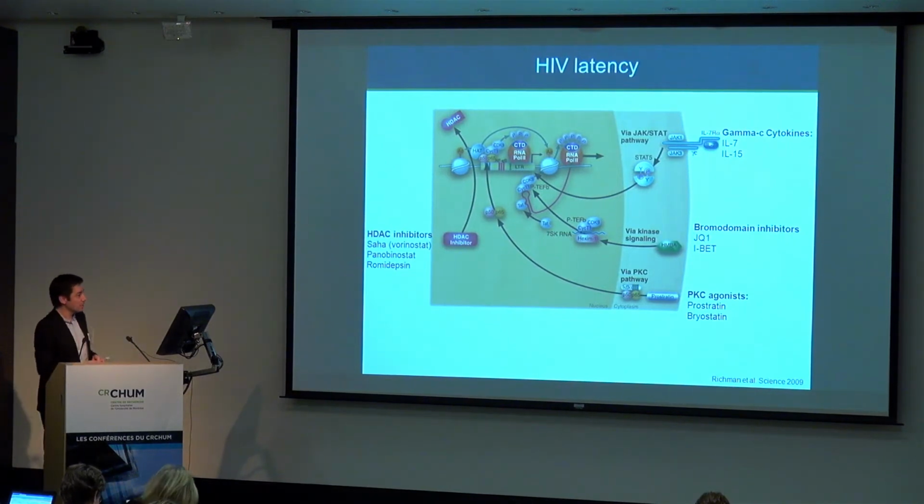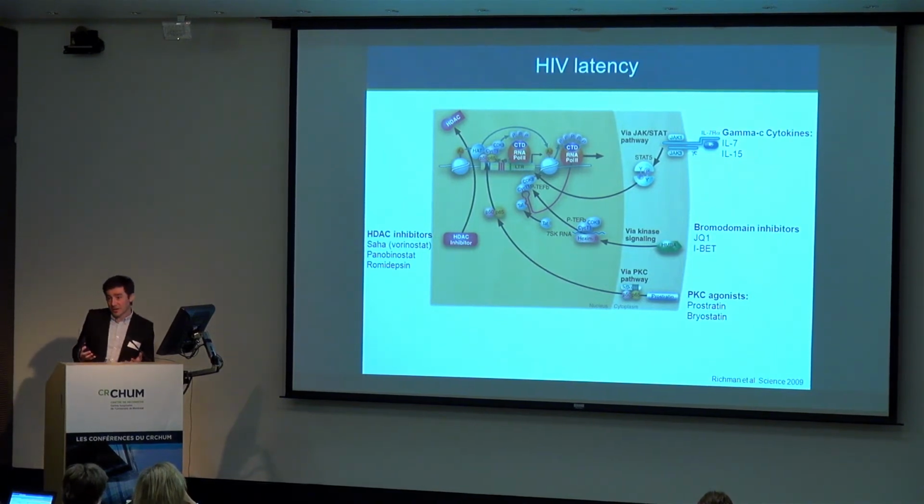I stole this picture from a review by Doug Richman, and I just added the names of the molecules you can use to do that. It summarizes all the molecular mechanisms that contribute to HIV persistence. First, you have an issue with the structure of the chromatin. The chromatin is pretty packed around the LTR, the HIV promoter, which prevents the transcription of the viral genes.